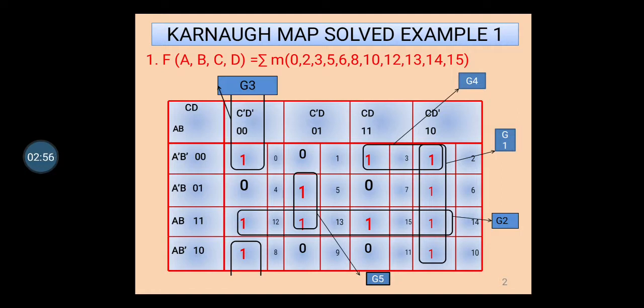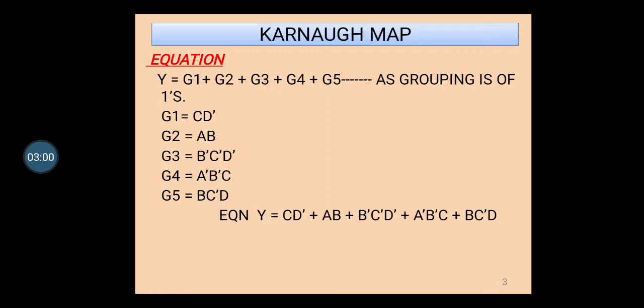And then the next very important step is to write the output equation. So your output equation is SOP. Therefore group 1 plus group 2 plus group 3 plus group 4 plus group 5, as the grouping is of ones. Then for group 1 go column wise as well as row wise. If you are going row wise, check which variable is constant, which is not changing.